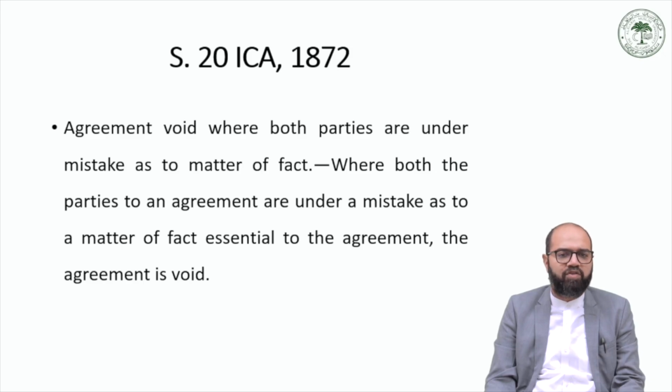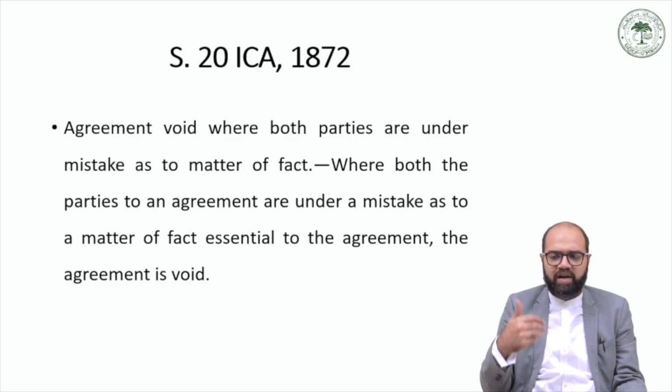Where both the parties to an agreement are under a mistake as to a matter of fact essential to the agreement, the agreement is void. So here both the parties were unaware that the goods had been destroyed at the port of loading. So there is a mistake as to a matter of fact regarding the existence of the goods.